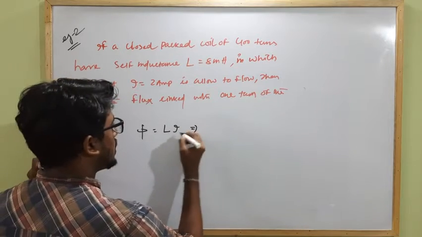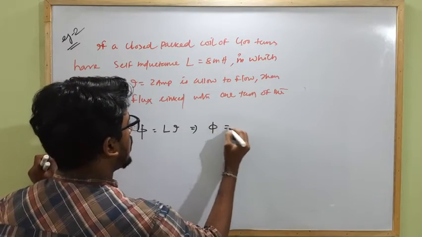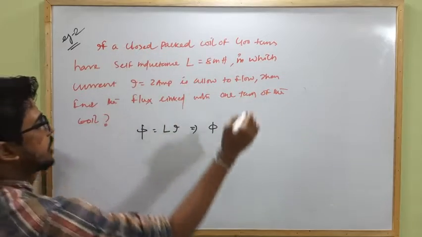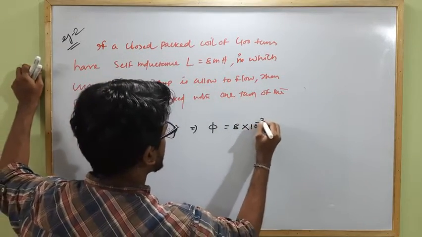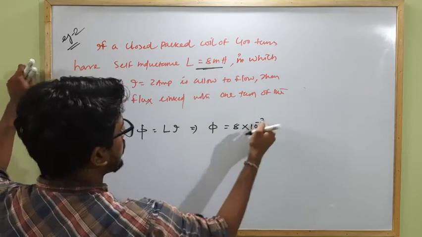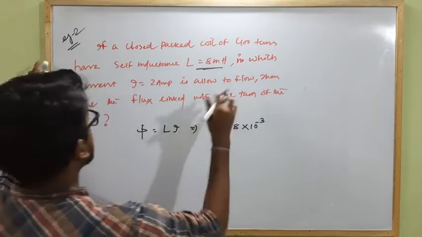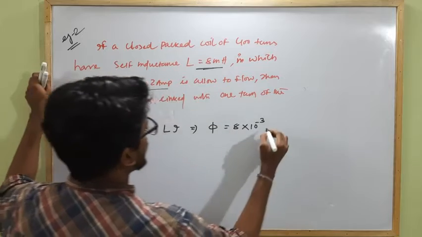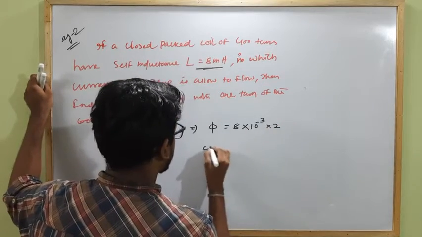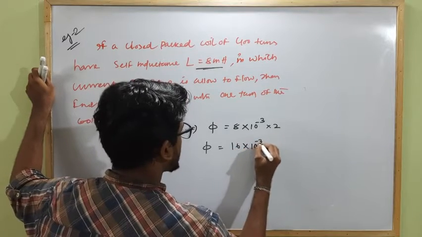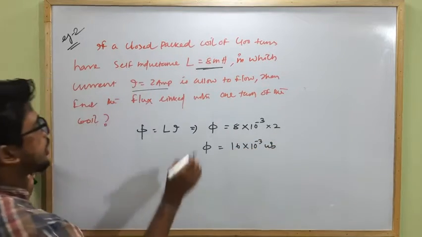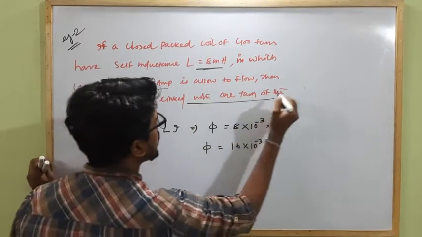So the flux linked with the complete coil will be phi equal to L, self-inductance will be how much? 8 into 10 to the power minus 3 Henry, into current, 2 ampere. So the flux linked with complete coil will be 16 into 10 to the power minus 3 Weber. But we have to find out the flux linked with 1 turn of the coil.